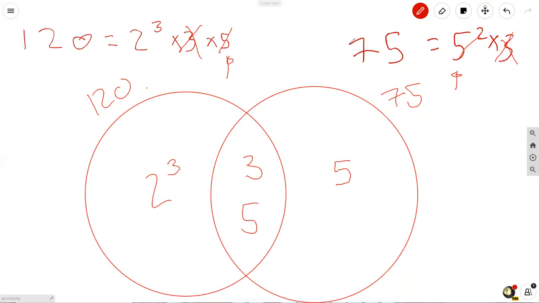Now, I want you to do me a favor. Look at this section over here. I want to color it in nicely.